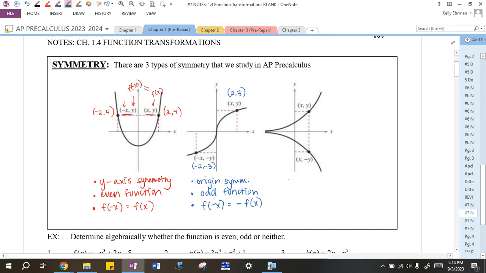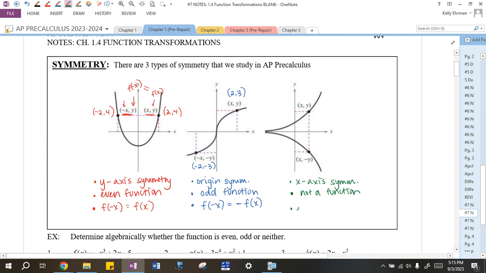And finally, this is called x-axis symmetry. We classify the first two as even or odd. This is not a function. Unofficially because of the vertical line test, officially because some inputs have more than one output.